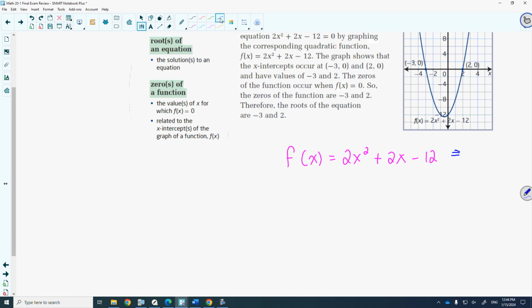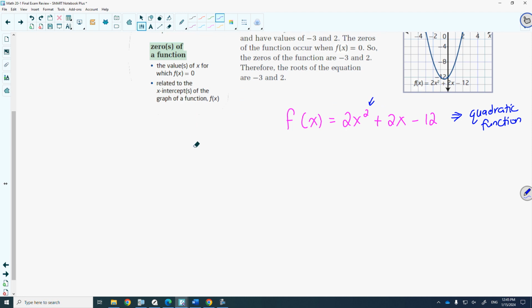I know it's a quadratic because my degree is 2. If I want to turn this into a quadratic equation, it is essentially a quadratic equation, but an equation we're going to be solving, and we're going to be solving for the x-intercepts. So I'm going to let this equal 0 is equal to 2x squared plus 2x minus 12.